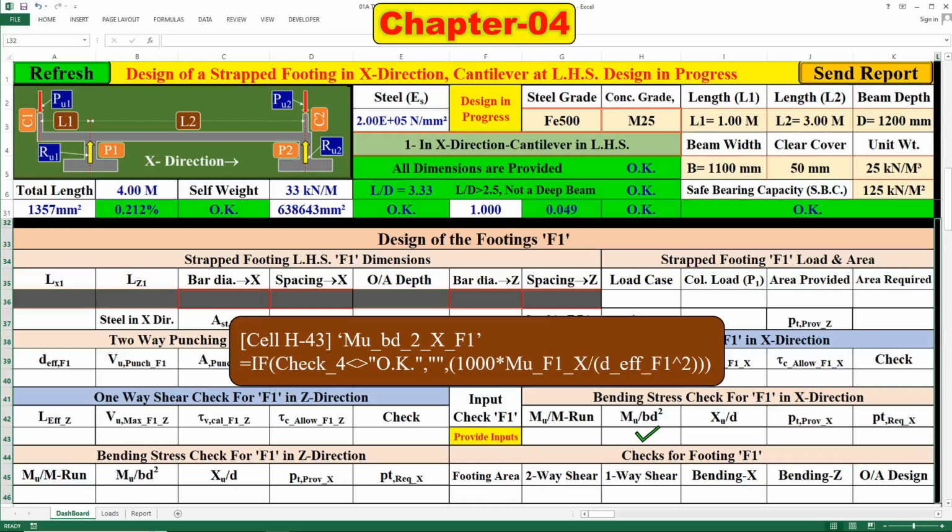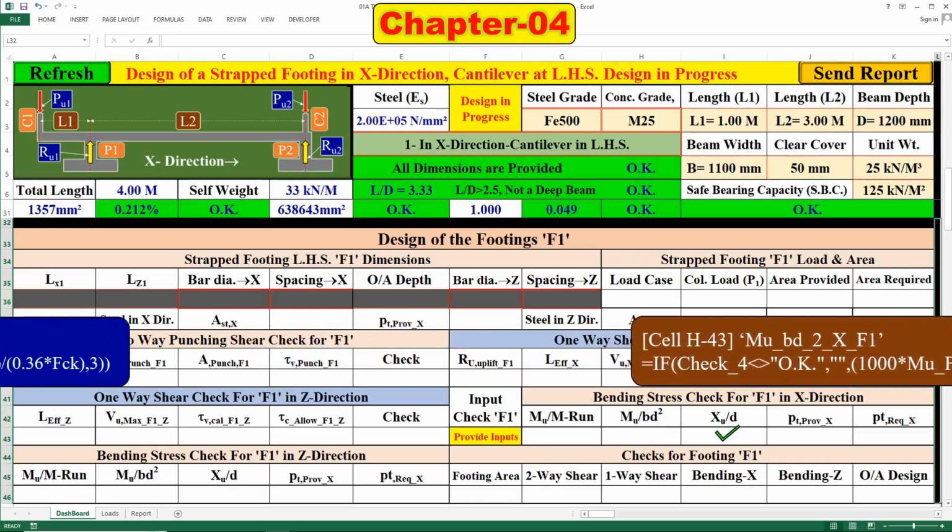Once again, the Excel formula will first check _4, if it does not find _4 equal to OK, this cell will remain blank. Otherwise, Excel will calculate the value by taking 1000 times mu_F1_X divided by the square of D_EFF_F1.